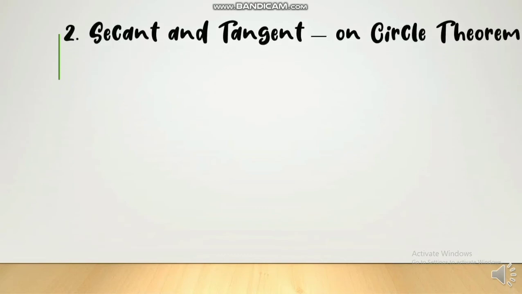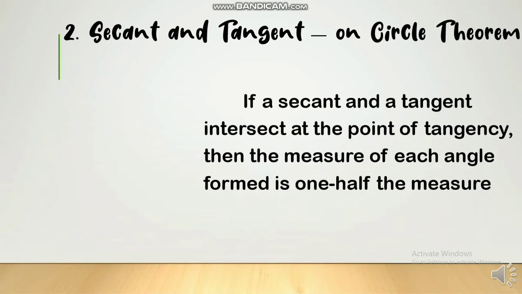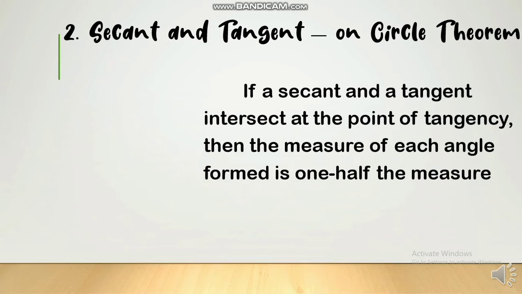Theorem number 2. Secant and tangent on circle theorem. If a secant and tangent intersect at the point of tangency, then the measure of each angle formed is 1/2 the measure of its intercepted arc.